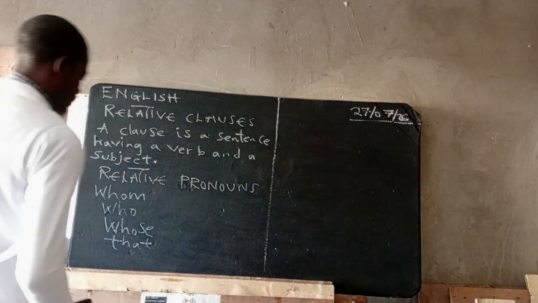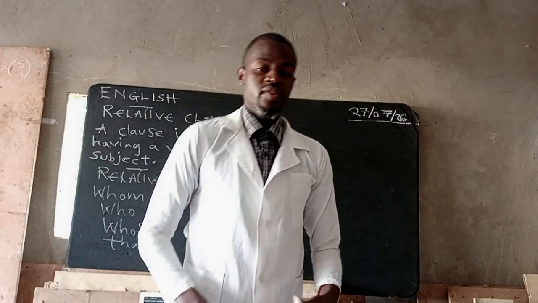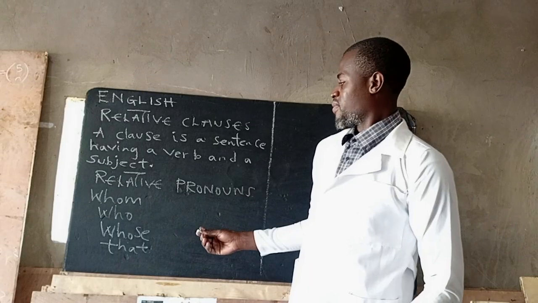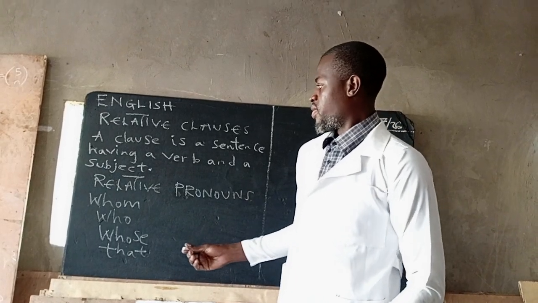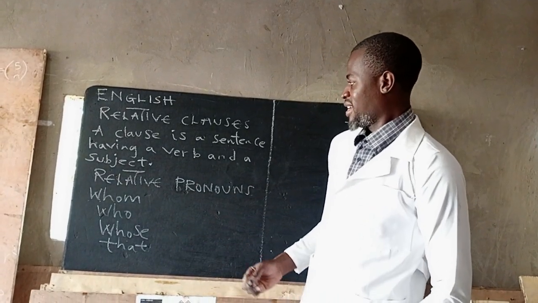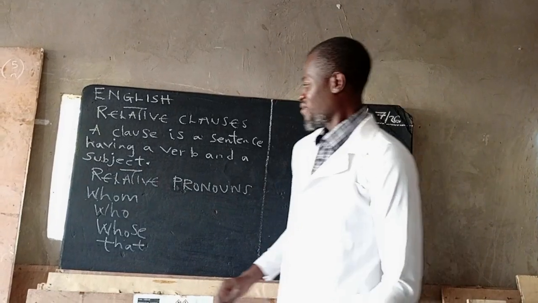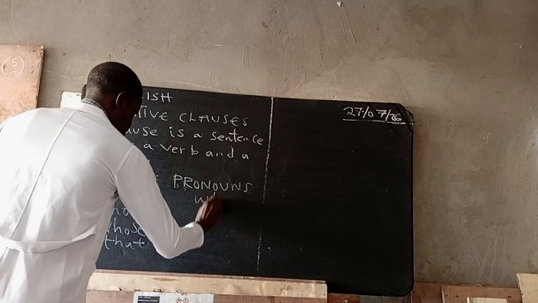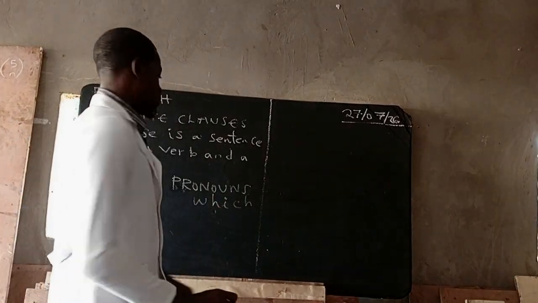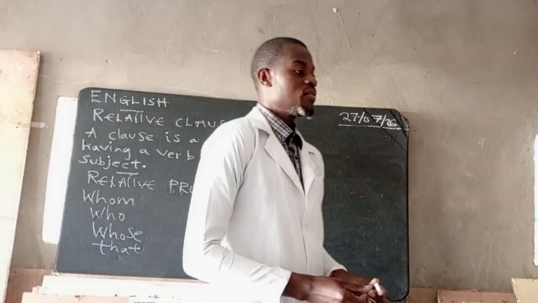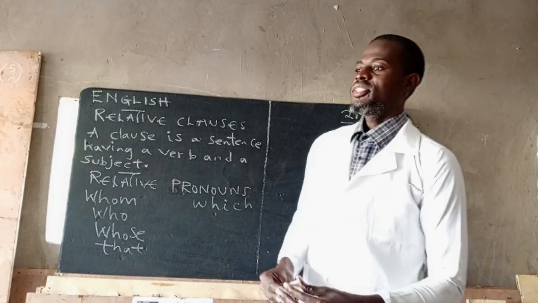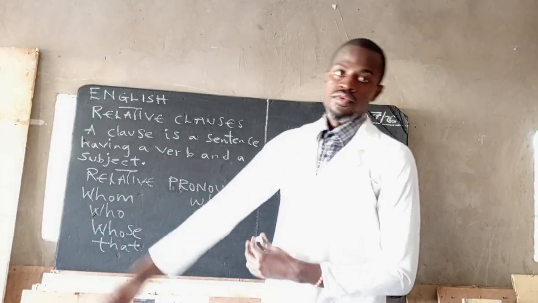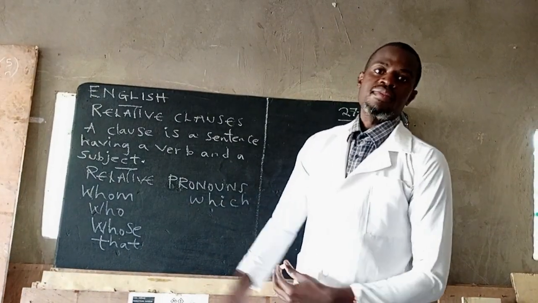So for those of you who didn't know what I was talking about by relative pronouns, these are relative pronouns: whom, who, whose, that, which, etc. Okay, so let me give you an example and show you how I'm going to use a relative pronoun to introduce the relative clause.